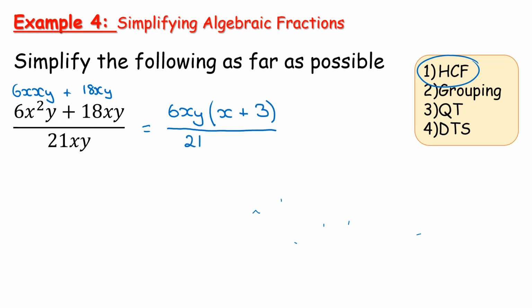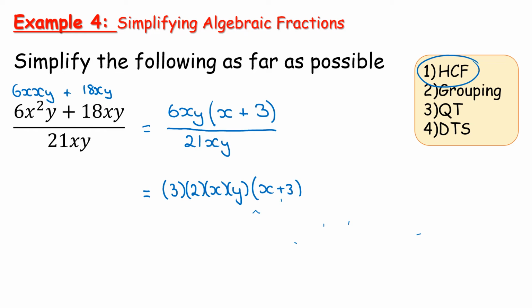Now, 21xy. Now, the x and y will cancel, but there is no 6 on that bottom line. So what we're going to do with the top line is we're actually going to split this into 3 times 2, times x times y. You don't have to use the brackets if you don't want to. And then we have an x plus 3.